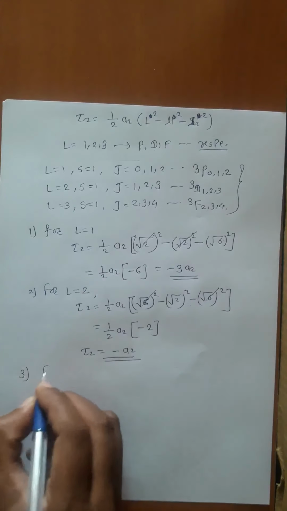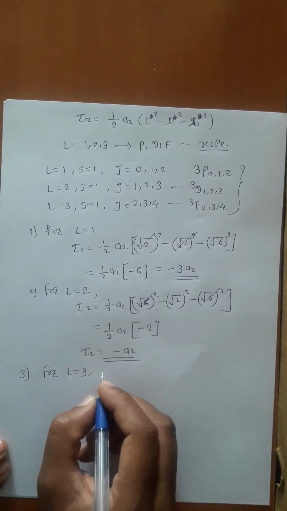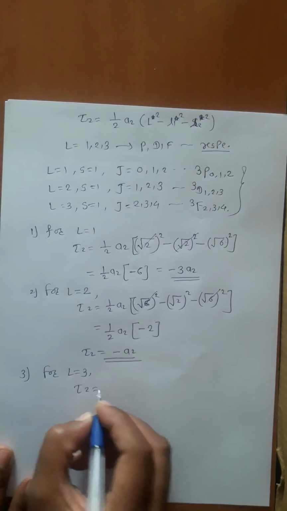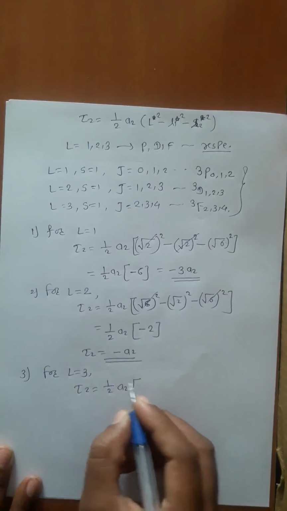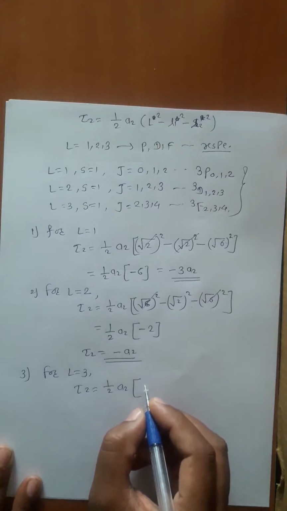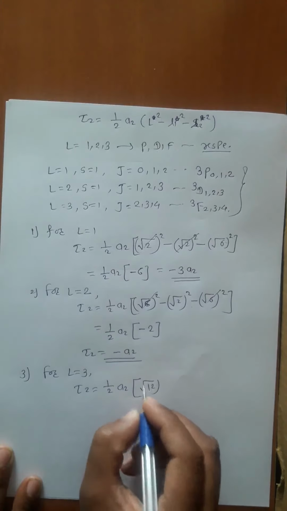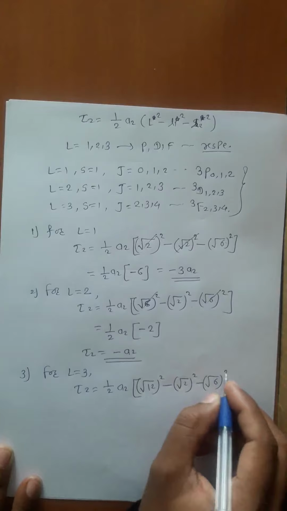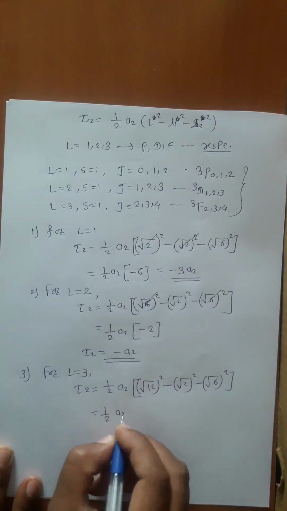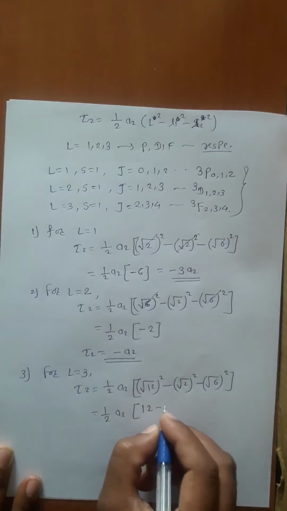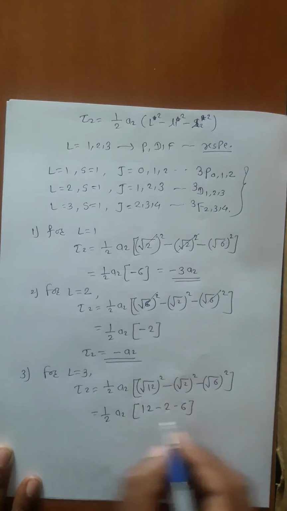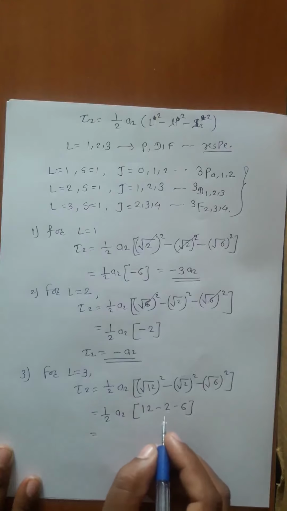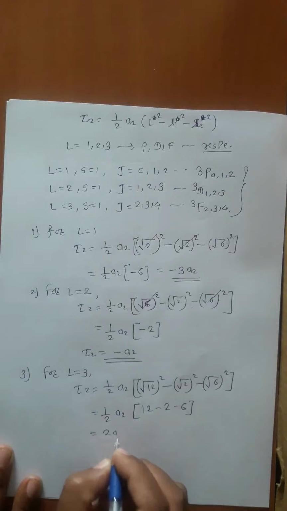And the third one is for L is equal to 3, and L1 is 1 and L2 is 2. Therefore tau 2 is equal to 1 half a2 into 3 into 3 plus 1, root 12 square, minus root 2 square, minus root 6 square, is equal to 1 half a2 into 12 minus 2 minus 6, is equal to 12 minus 8, 4, 4 upon 2, 2a2.